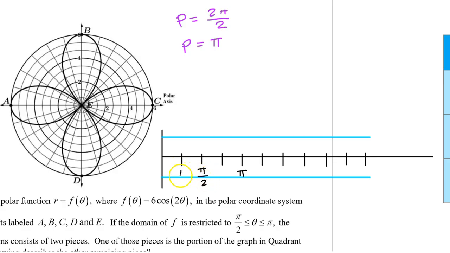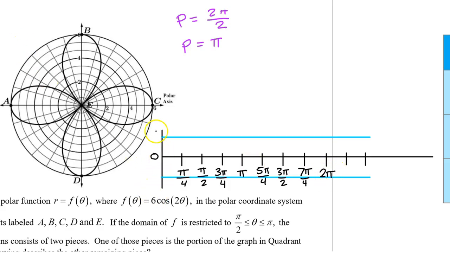Half of that will be pi over 4. Now I can count by pi over 4. This is 1 pi over 4, 2 pi over 4, 3 pi over 4, 4 pi over 4, 5 pi over 4, 6 pi over 4 is 3 pi over 2, 7 pi over 4, and 8 pi over 4 is 2 pi.